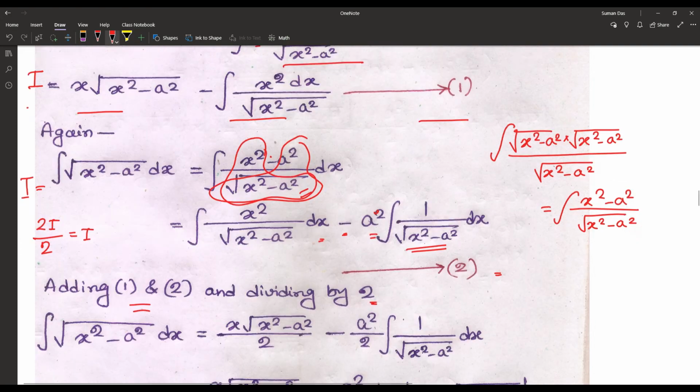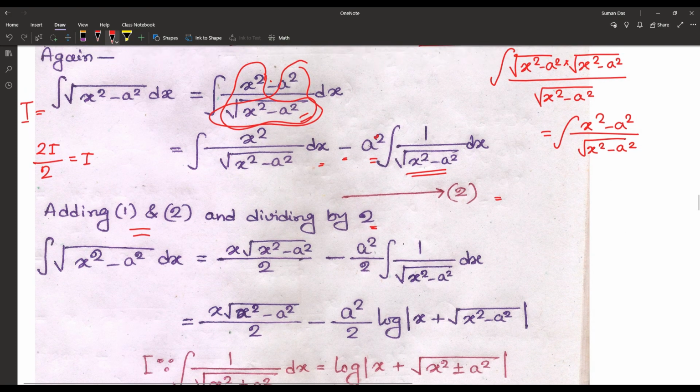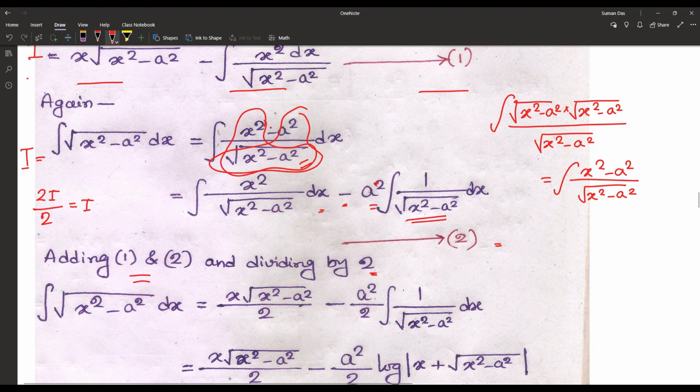So, as usual, from here we get x into square root of x square minus a square by 2, that is our first term. Now here we have half x square by square root of x square minus a square, and that one is half but plus, so we can simply omit these two, and finally that is minus a square by 2 integration of 1 by square root of x square minus a square.